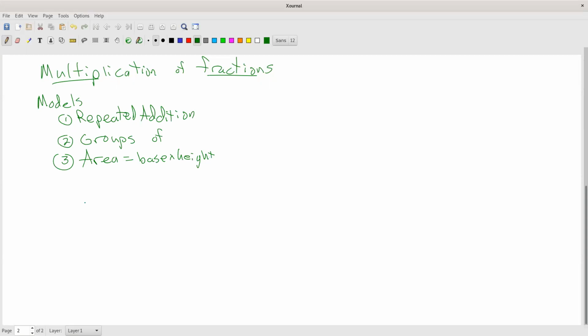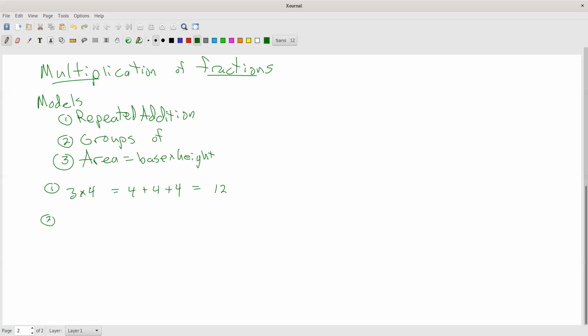So if I were to ask to multiply 3 times 4, repeated addition is pretty straightforward. This says you want to add 3 groups of 4. So I have a 4 and another 4 and another 4. And 4 plus 4 is 8, plus 4 is 12. So that's model number 1 of what it means to multiply.